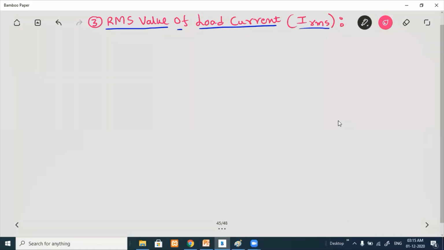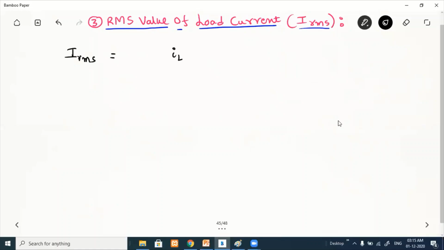So IRMS equal to, I wanted to calculate the RMS of load. So take IL, then first squaring, then calculate mean. Mean means average.